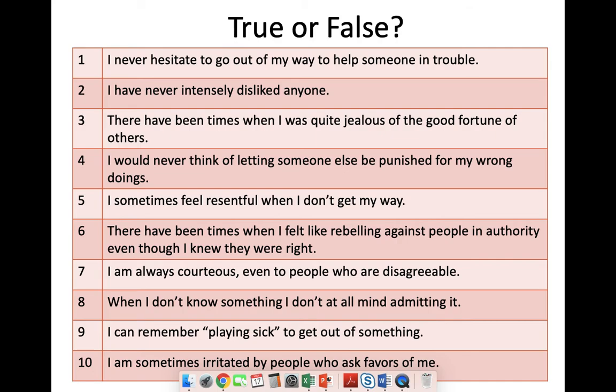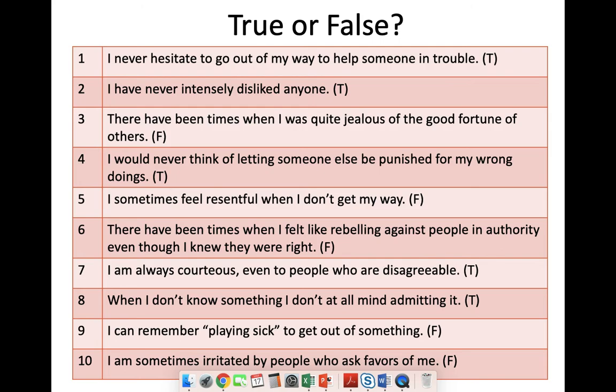This scale consists of a series of true or false items. I only list 10 here. The full scale is more, but just to give you a sense of how it works. Okay, so some of these questions, when answered true, suggest that people would be answering in a social desirable way, and some, when answered false, would indicate that people are answering in a social desirable way. Okay, so here's the answers.